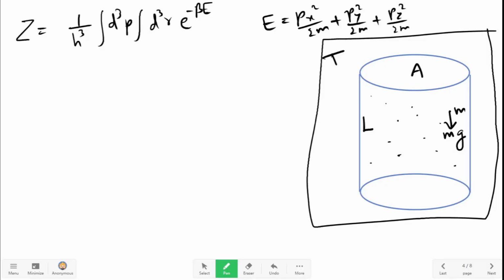Because the particle is in 3D, we have these three terms of kinetic energy, plus mgz due to the gravitational force downward.